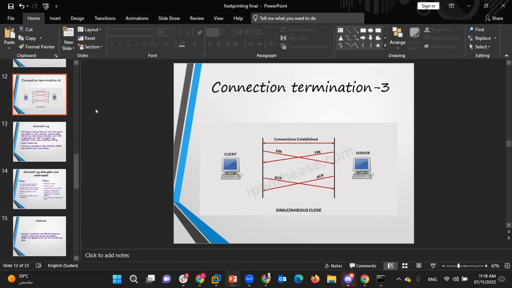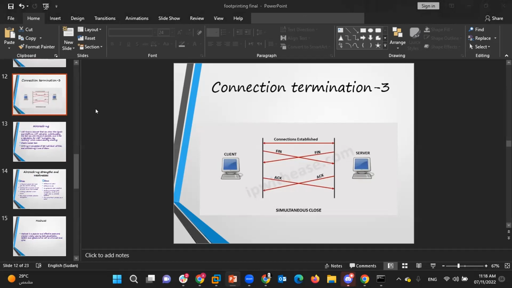Yes, it's clear. Actually, I like SYN ACK, but I prefer FIN ACK. It's a challenge to analyze it and find it in one chart.